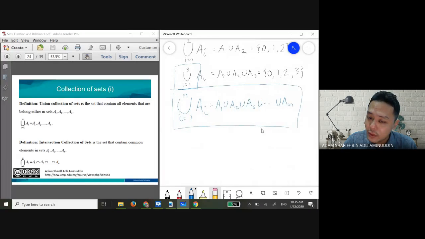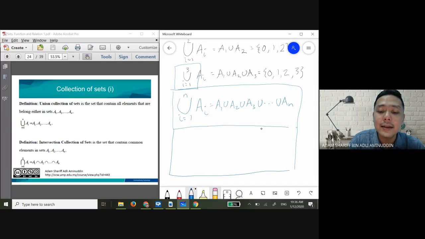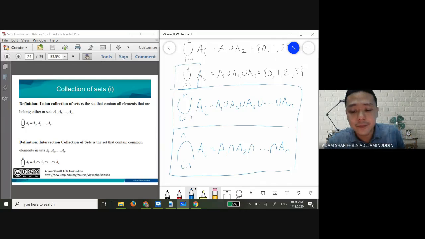Sebelum saya buka kepada soalan, ini union. Konsep dia a finitely many undefined union of set function. Kalau intersection sama, cuma beza intersection saja. Ai, if i starts at 1 and ends at n, it means the intersection between A1 intersect A2 intersect until An. Okay, ada soalan setakat ini?